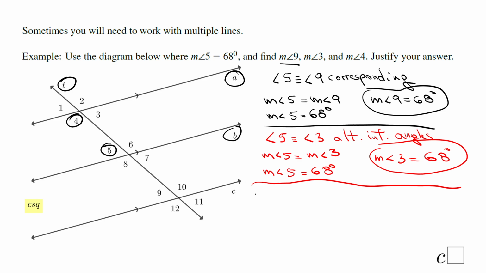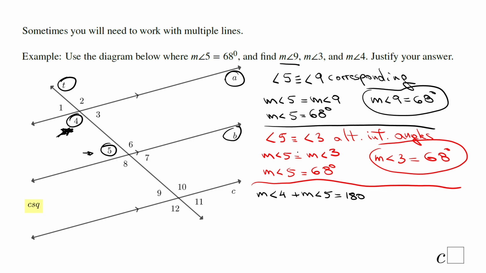What do we know about those angles? They are supplementary. So look at what I'm saying: the measure of angle 4 plus the measure of angle 5 equals 180. And by the way, the picture helps us. You notice this is an obtuse angle, this is an acute angle. They cannot be congruent because there are only two properties, either congruent or supplementary.